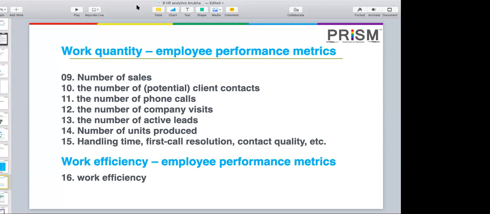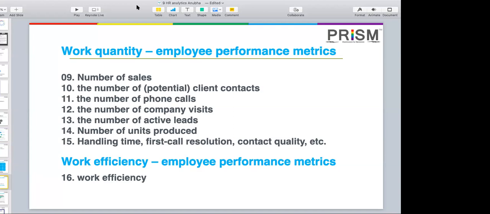But you will see we can easily calculate the number of potential client contacts the person is contributing, the number of phone calls people are actually attending, especially in the BPO, the number of company visits the person does and then updates in their system. And then how many of them are active leads, how many are hot leads or warm leads or cold leads, which all sales professionals would do.